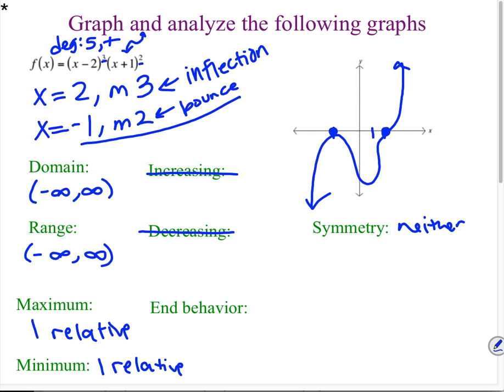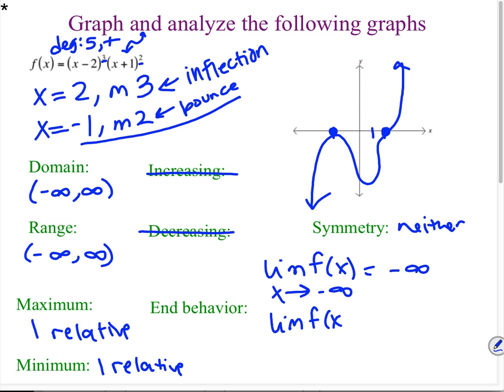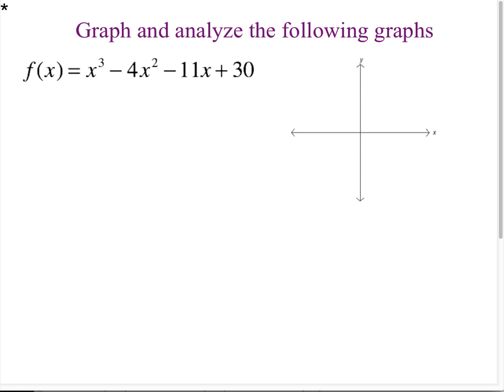The end behavior would be the limit of f of x as x goes to negative infinity is equal to negative infinity, and the limit of f of x as x goes to positive infinity is positive infinity.